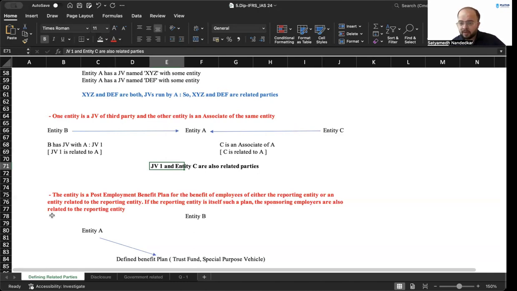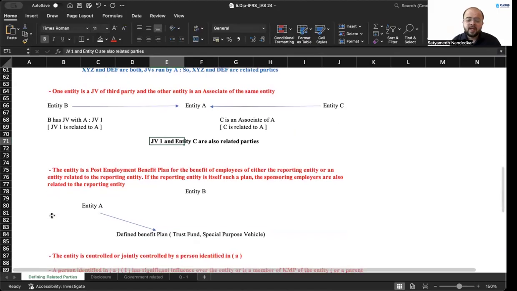When we did employee benefits, we understood that post-employment plans can be set up in multiple ways, as a defined contribution plan or a defined benefit plan. If one entity has created a defined benefit plan for its employees on retirement, it could be in the form of a special purpose vehicle or a trust fund or any other form, then that defined benefit plan is also related to the business entity.